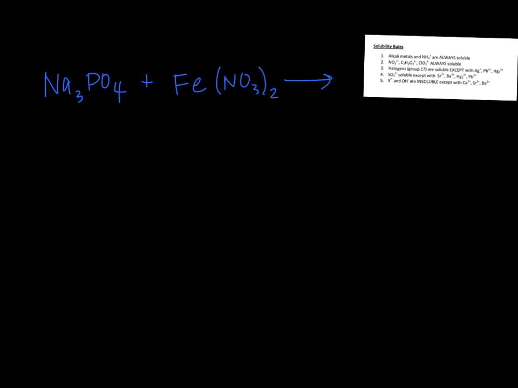All right, so in this one I've got sodium phosphate reacting with lead 2 nitrate. And so first I want to see if I'm actually going to make anything or not, right? And so I've got sodium ions, and I'm just going to write the ions up here, plus, and I've got phosphate, and I've got iron 2, and I've got nitrate.